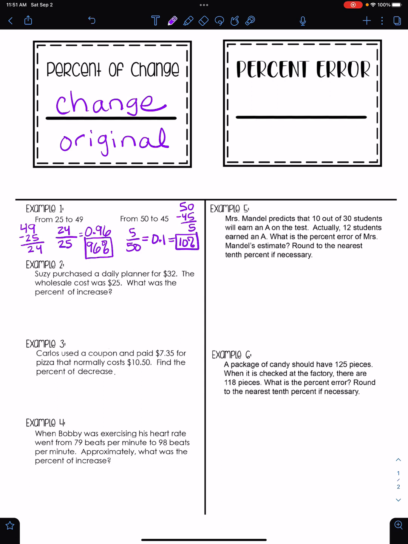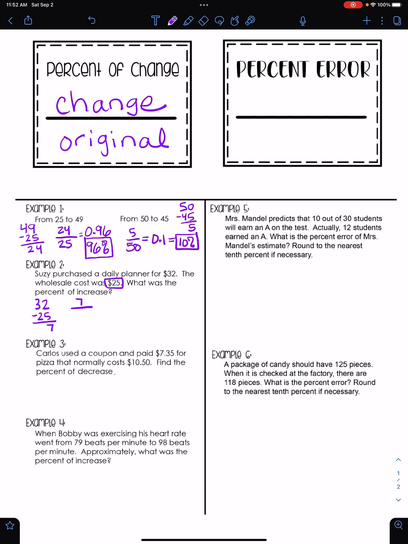Example 2 says Susie purchased a daily planner for $32. The wholesale cost was $25. What was the percent of increase? So we want to know how much did the price go up by just subtracting the two prices. So the change in the price is 7, and it used to be 25. That was the original amount because it was bought for 25, and then the store marked it up to $32.